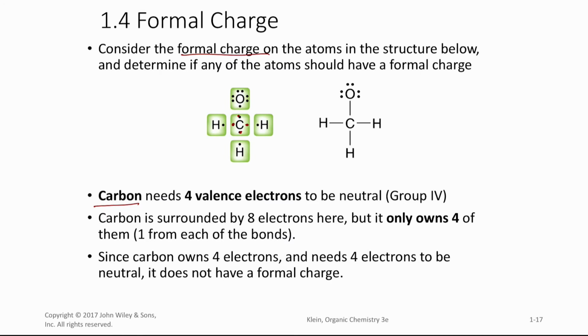In the bonds, carbon is surrounded by 8 electrons, but it owns only 4 of them, because it gets only 1 from each bond. Because carbon owns 4 electrons and needs 4 electrons, it does not have any formal charge. Remember that the number of electrons that it has should be equal to the number of electrons that it wants. Otherwise, that represents a formal charge.